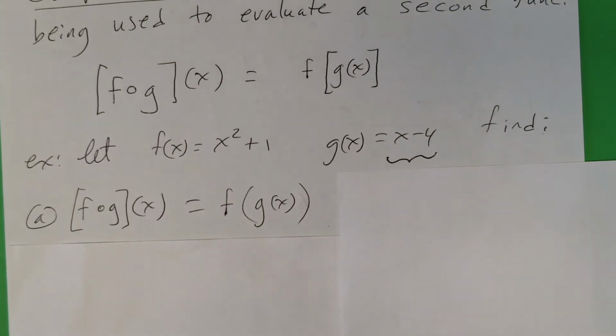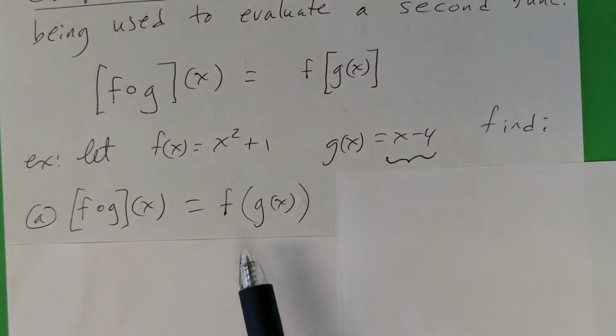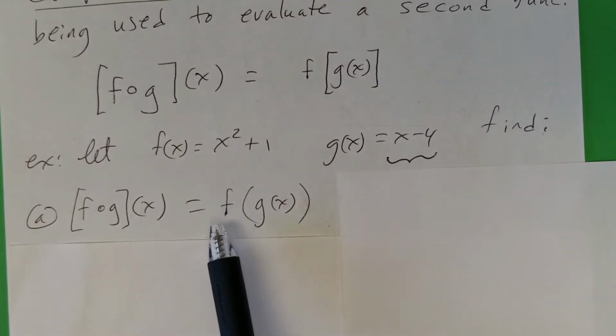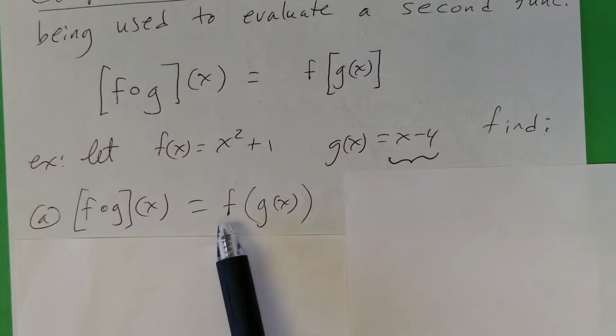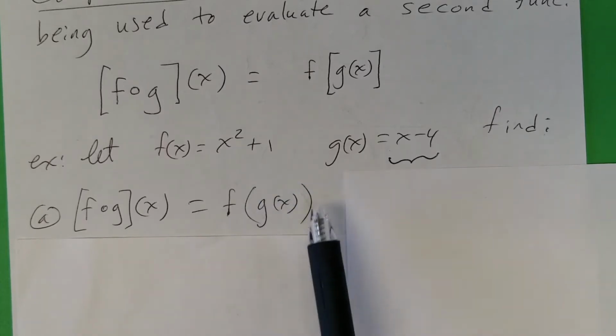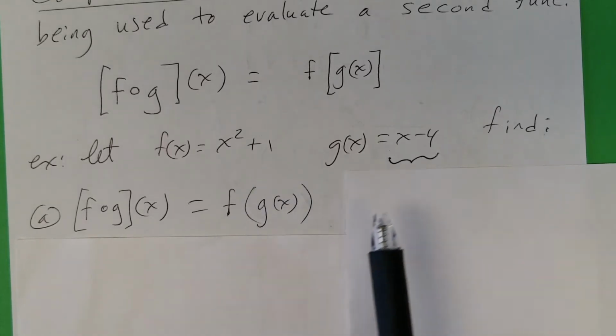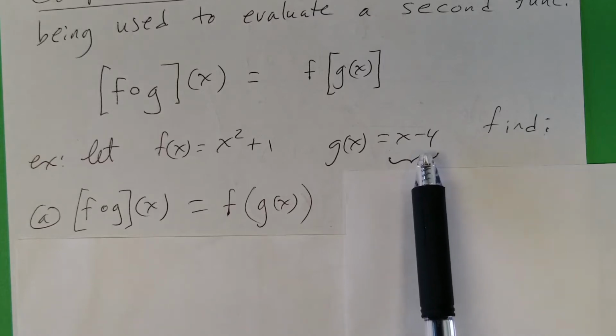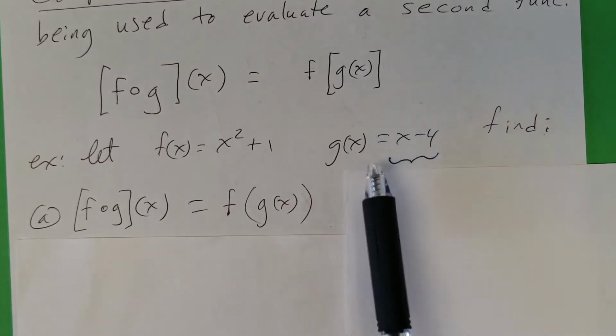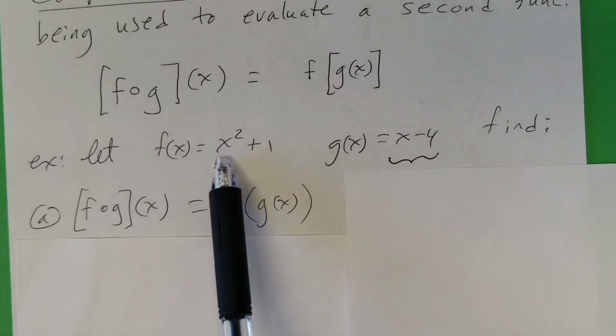What does that mean? That means that you go to your function f and put in all of g of x. Here is g of x. You take that and put the whole thing in here.